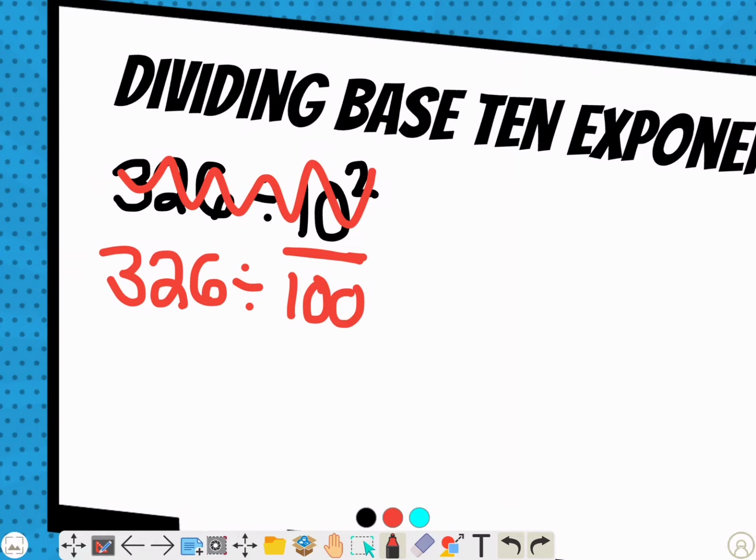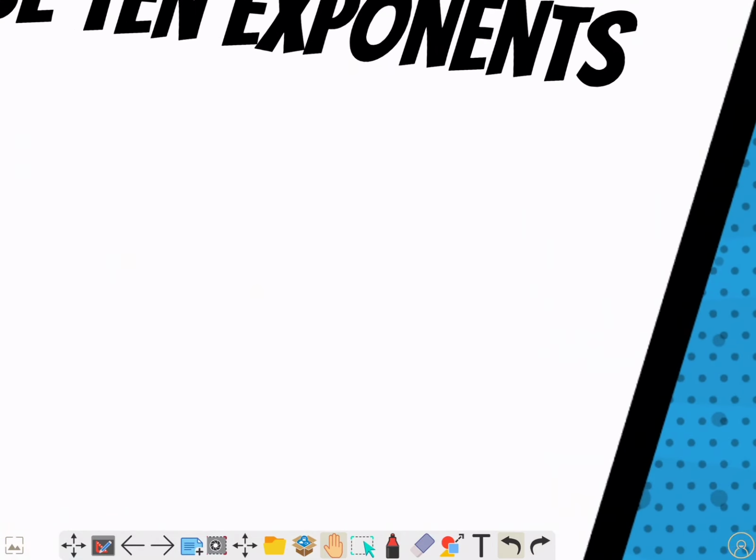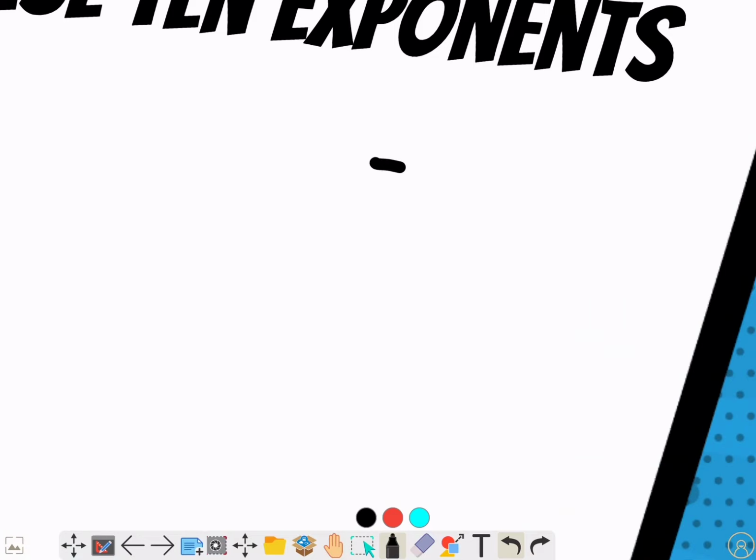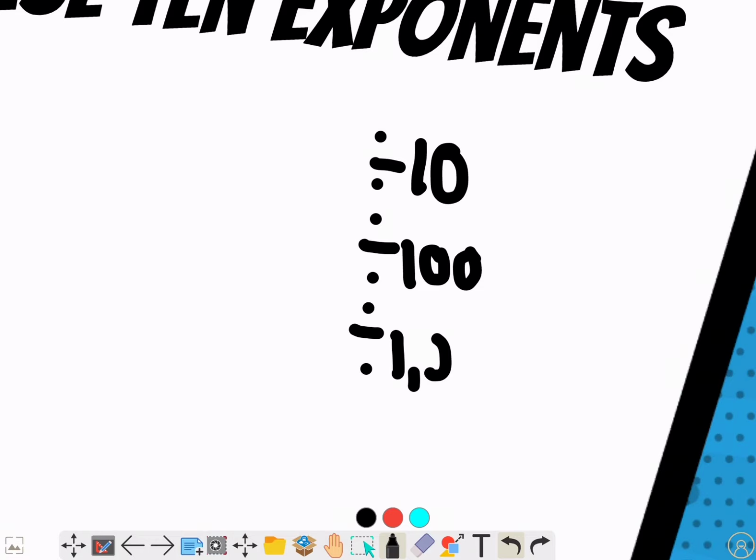Here I will give you a little cheat sheet for how much you're going to jump your decimals. If you're dividing by 10, dividing by 100, or dividing by 1,000: for dividing by 10, you are going to jump your decimal 1 to the left.